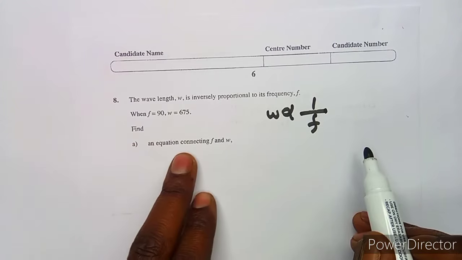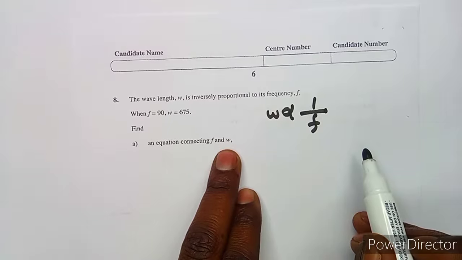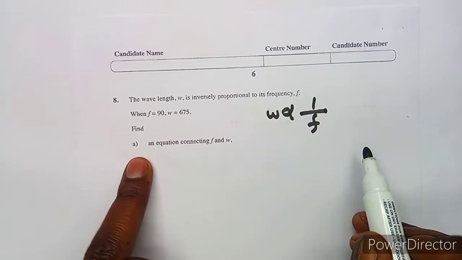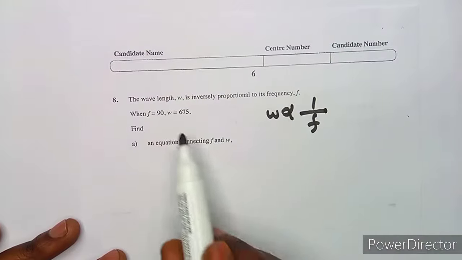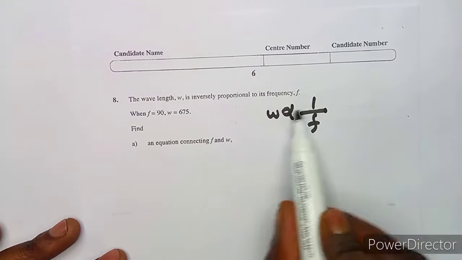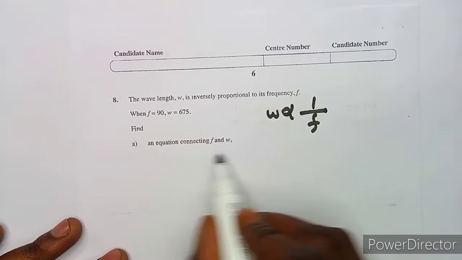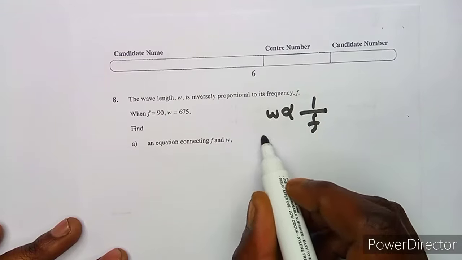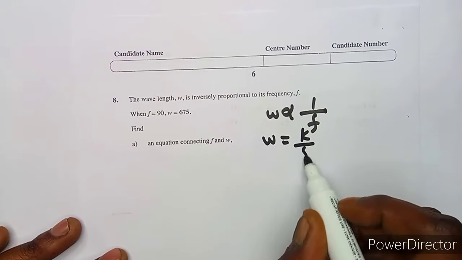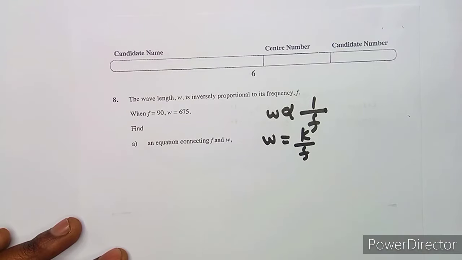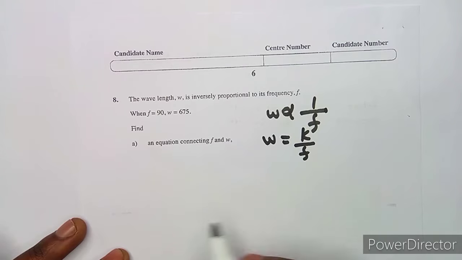Find an equation connecting f and w, which means in order for us to have the equation which connects these two, we must introduce a constant. Take note, it's the wavelength w which is inversely proportional, which is 1 over. So we must introduce a constant here, which is w is equal to k over f. So we have to find the value of k first, so that we can write the equation.